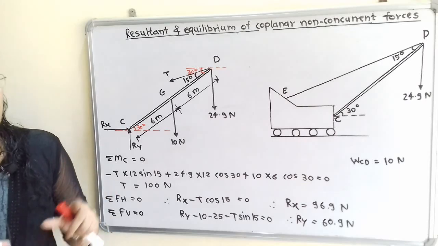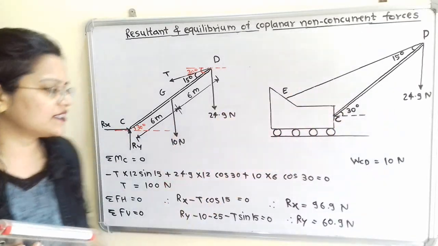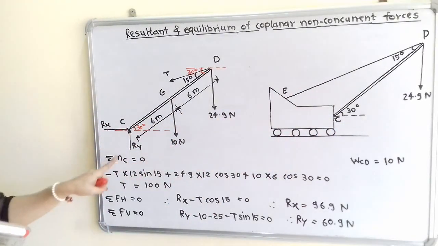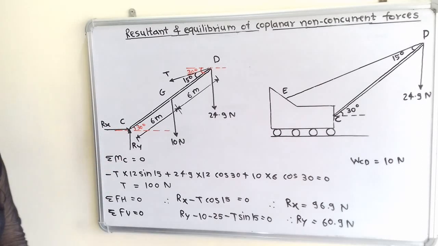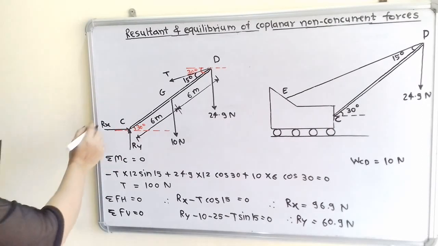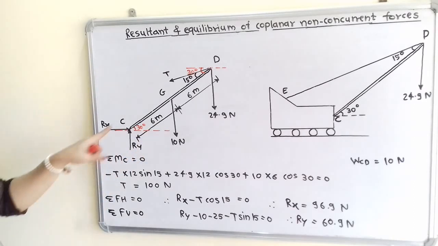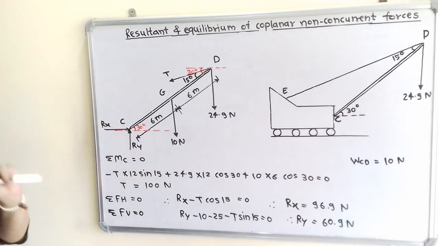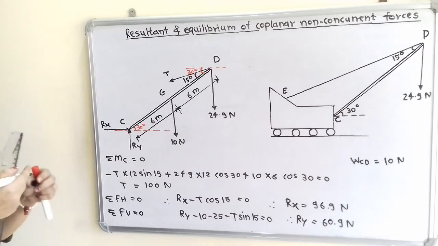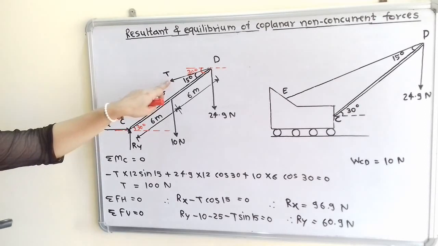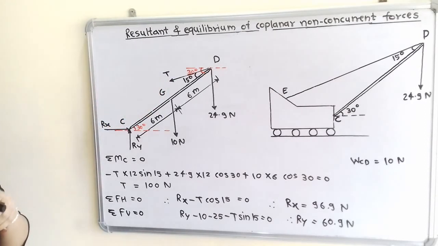So we will apply the equilibrium of this whole system, with the moment of all the forces about this point C equal to 0. Now Rx and Ry are acting at point C. Now we move to the tension T. We have to take this force multiplied by the perpendicular distance.